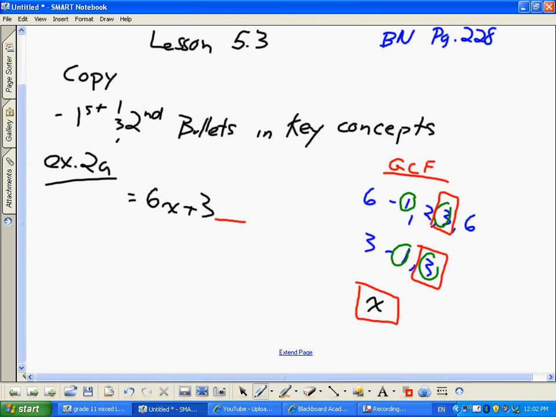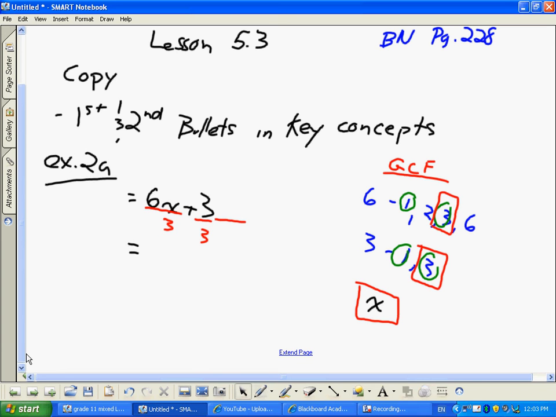So, now that I've found my greatest common factor, I'm going to show you the technical term and then a shortcut to do it. You're technically going to divide both of these terms by our greatest common factor. So I'm going to divide 6x by 3. I'm going to divide 3 by 3.